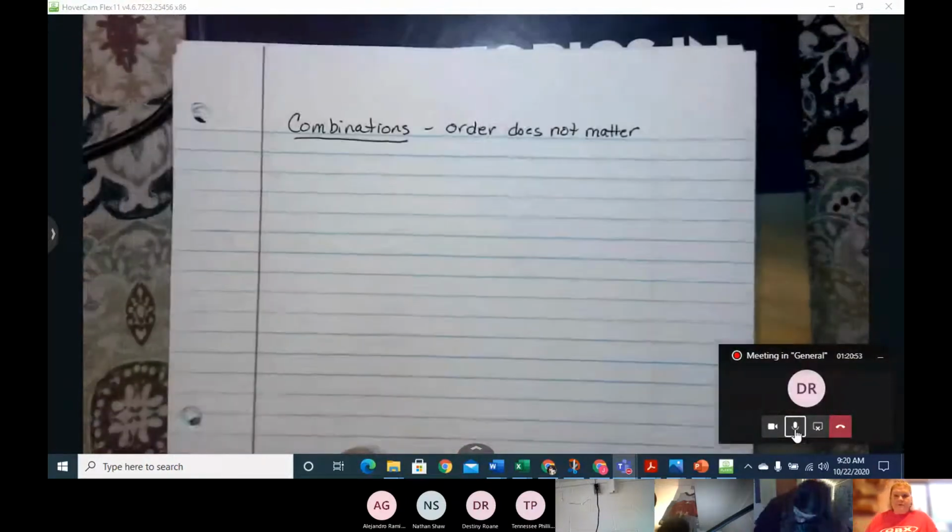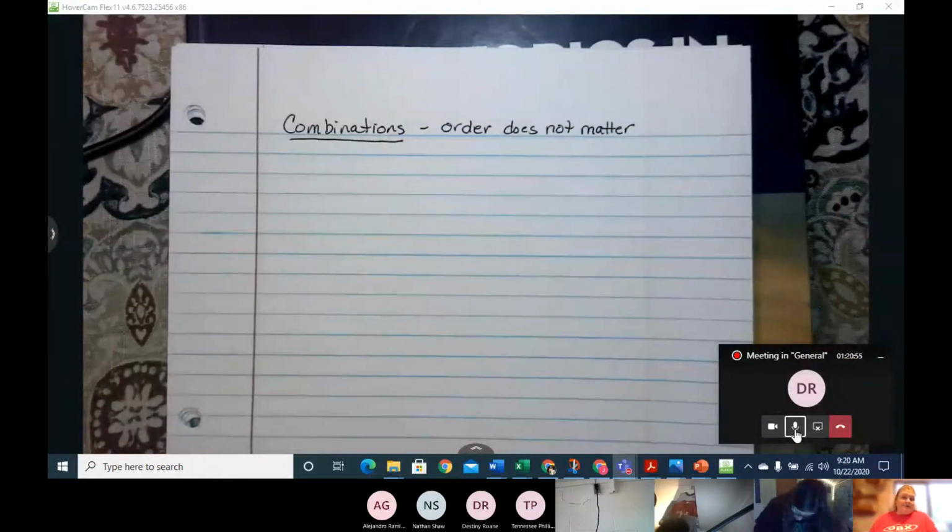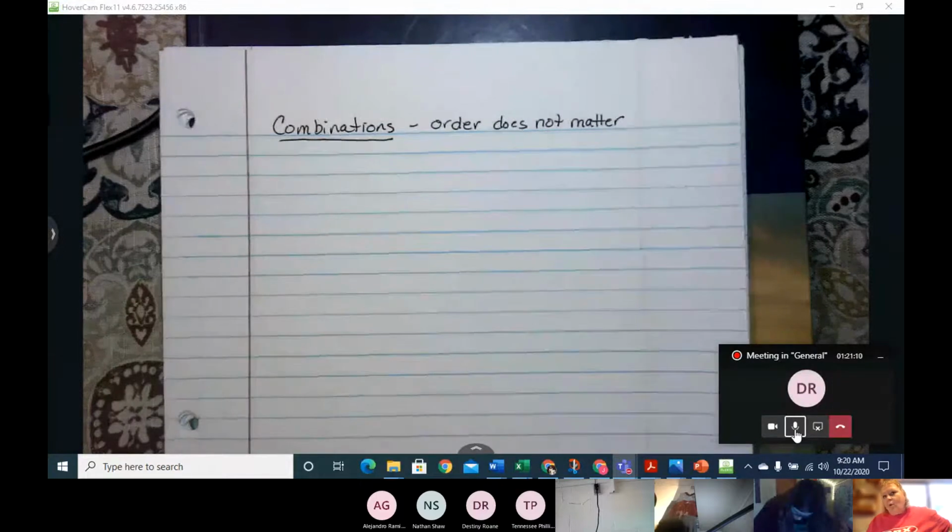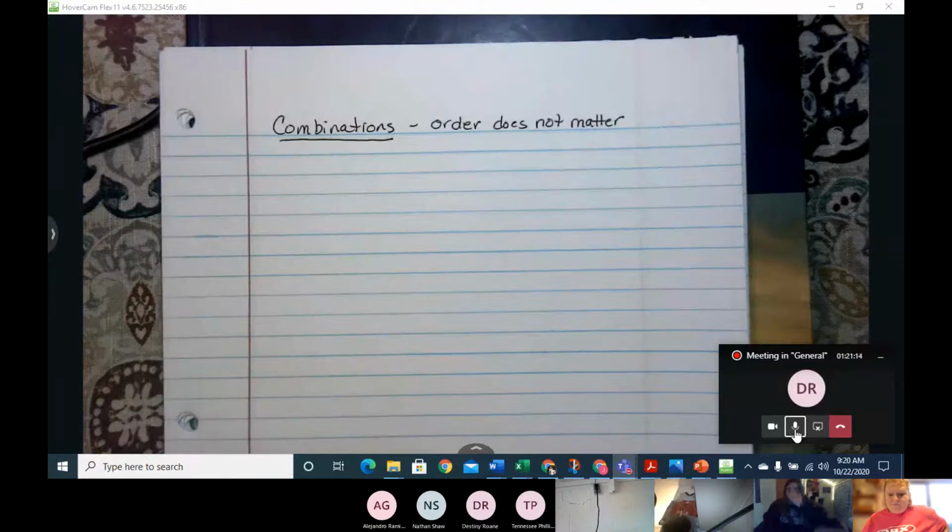The order does not matter. You know how we were making our tree diagram and we did heads, heads, tails, and tails, heads, tails? The order made a difference in the outcome. When we're doing combination, that order does not make a difference in our outcome.